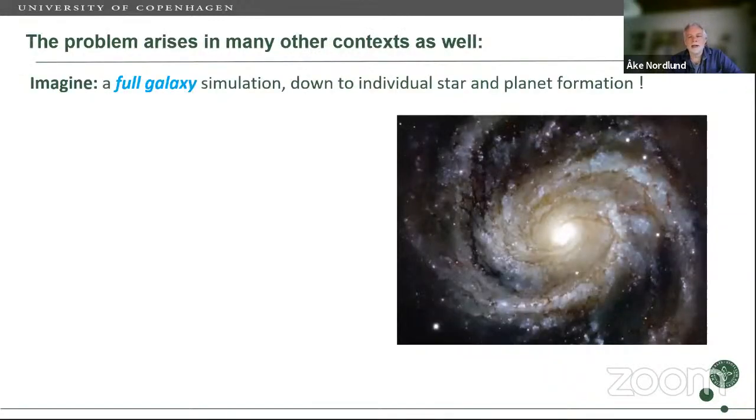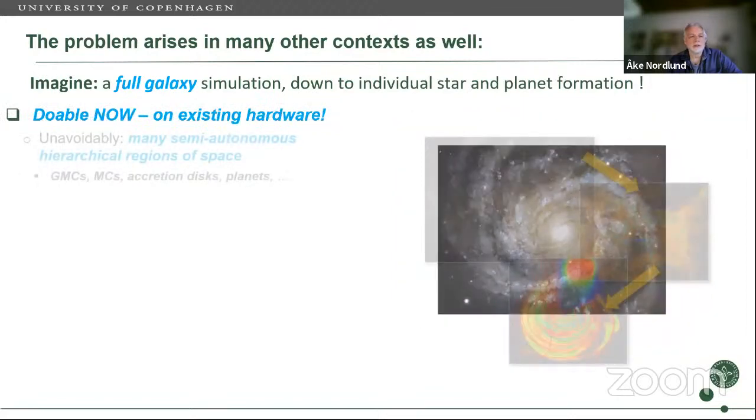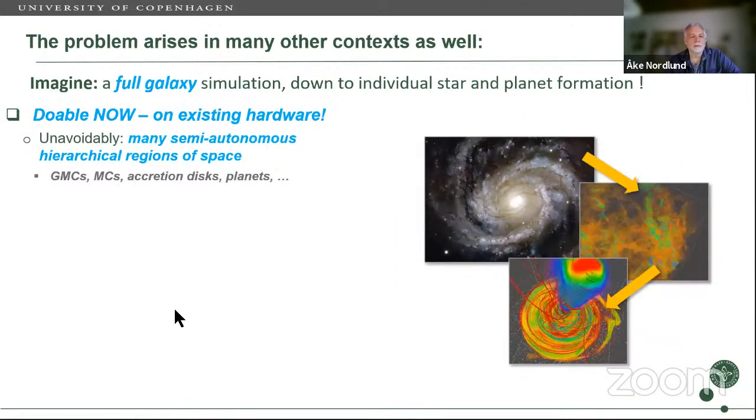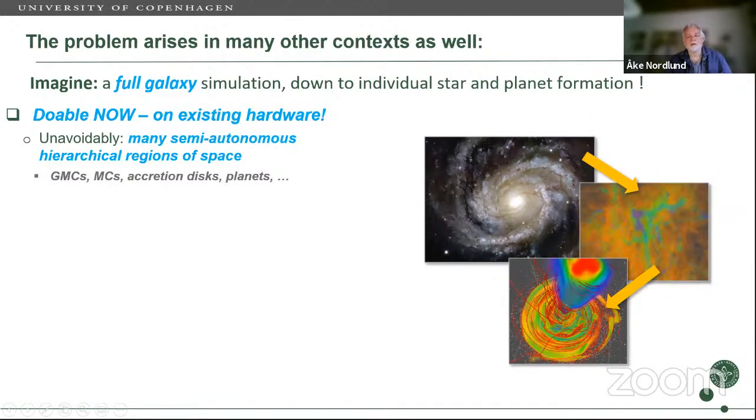A parallel problem arises in many other contexts. You could imagine, for example, a simulation of a full galaxy down to individual star and planet formation, which is actually doable, marginally, now on existing hardware. Then you have many semi-autonomous hierarchical regions of space: giant molecular clouds, spiral arms, basically independent of each other.